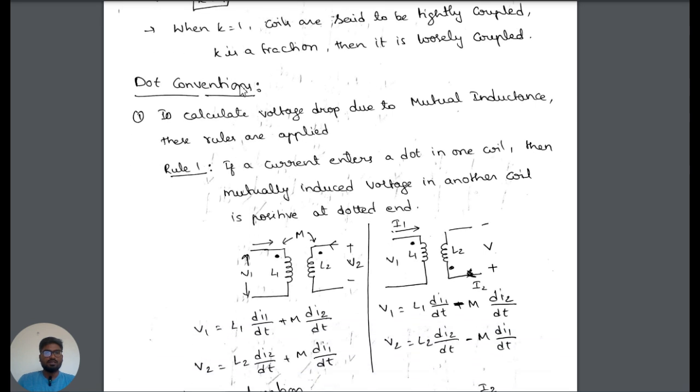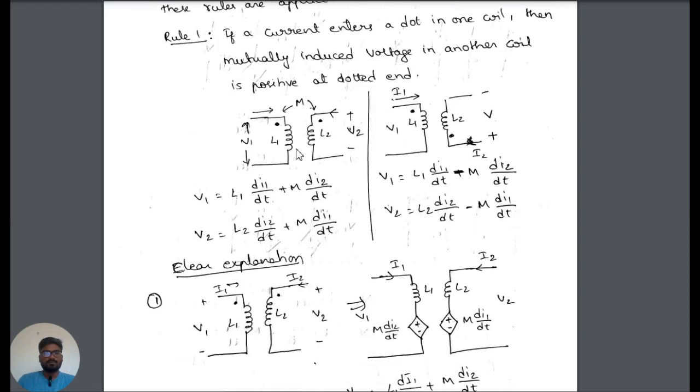Dot convention is used for mutual inductance calculations. There are two rules. First rule: if a current enters the dot in one coil, then the mutually induced voltage in the other coil is positive at the dotted end. This means, consider a circuit. In this circuit, the dot is at the beginning. Here also the dot is at the beginning.